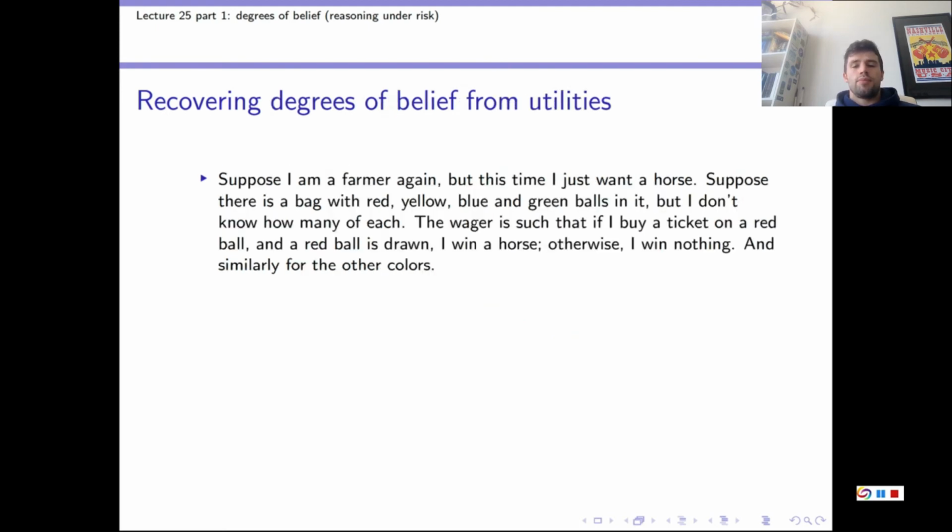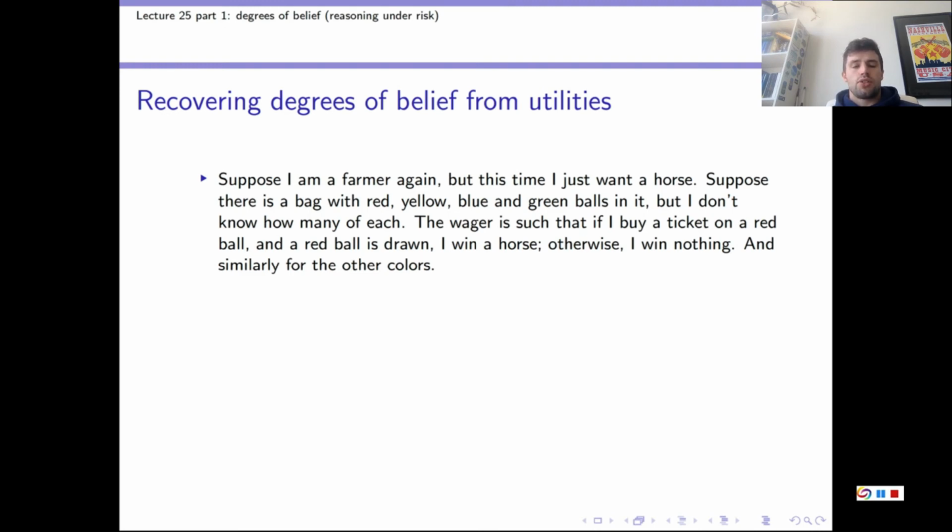Now let's move on and look at an example that addresses the third objective, so recovering degrees of belief from subjective utilities. So let's suppose I'm a farmer again, but this time let's simplify things and suppose I'm just interested in getting a horse. So I've sought out a wager in which I either win a horse or I don't win a horse.